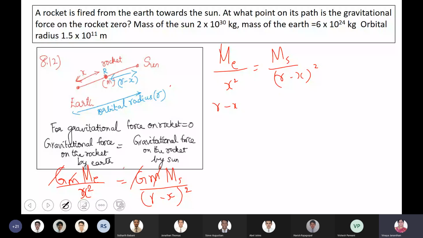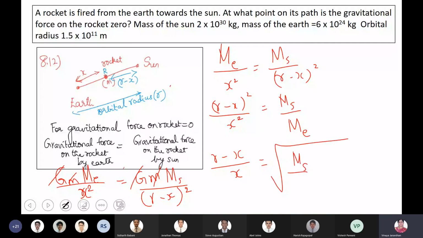Is that correct, boys? So let me take square root on both sides. r minus x by x must be equal to square root of ms by me. Now from this expression, you have to find the value of x.